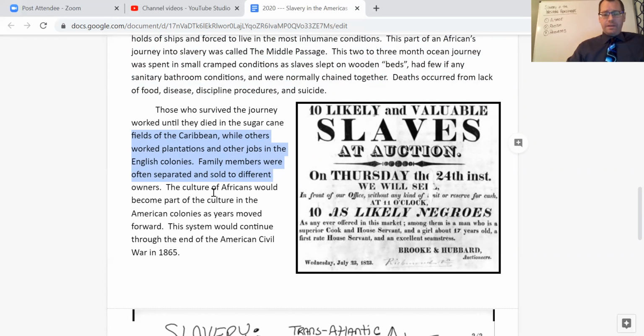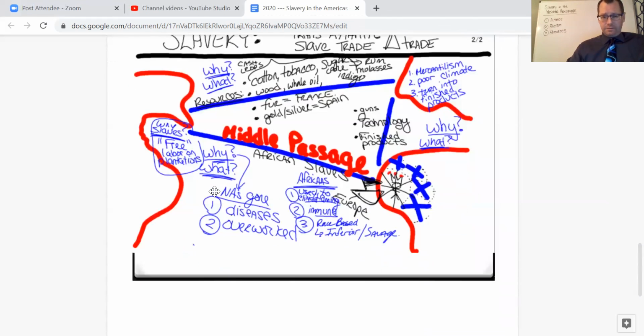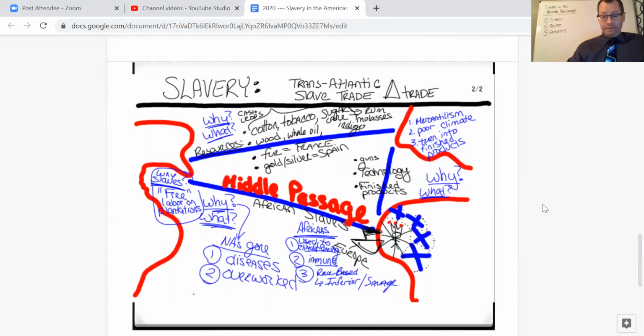So this system, and I'll scroll down to this so that you can see it a little bit better, even though I know it's my weird drawing, was designed through mercantilism to profit, as you see the resources on the top of the triangle, these European countries. It was fueled by greed and this racist desire to take advantage of people. This has a devastating impact on Africa. It has a devastating impact on race relations in the Americas. It still exists today.